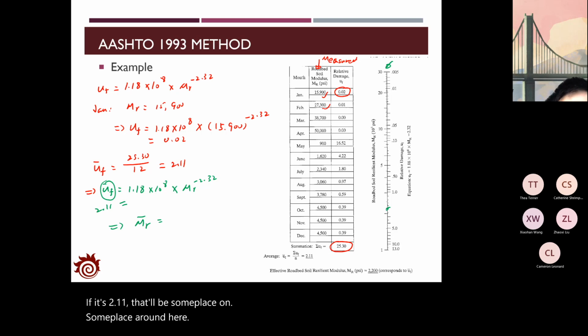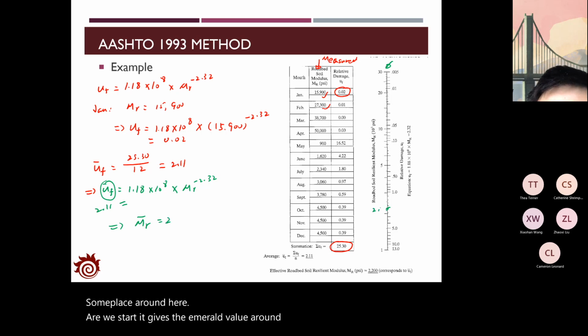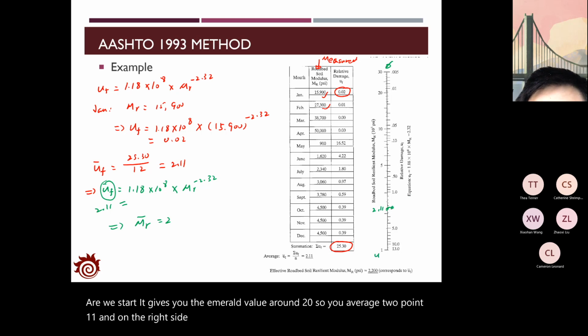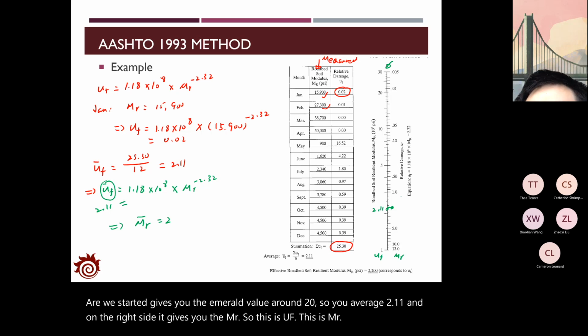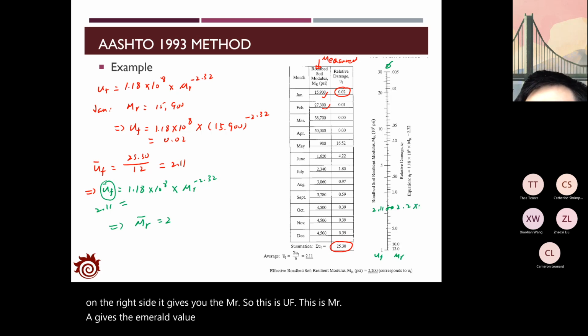With that, it gives you the MR value around 20. So UF is 2.11, and on the right side, it gives you the MR. So this is the UF, this is the MR. It gives the MR value about 2.2 to the power 3. So that's 2200 psi.